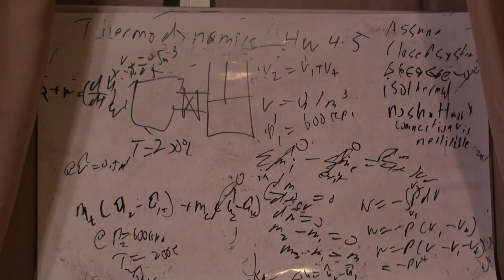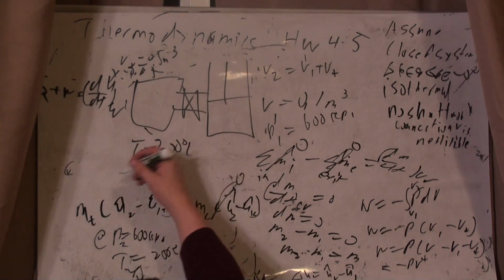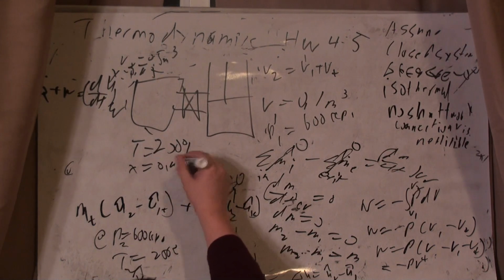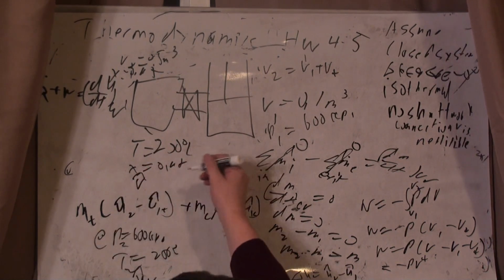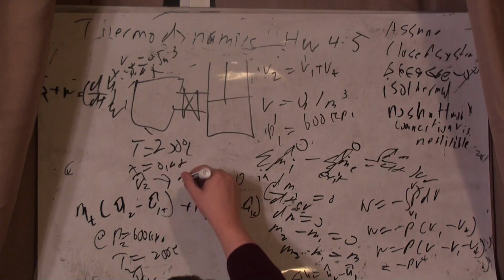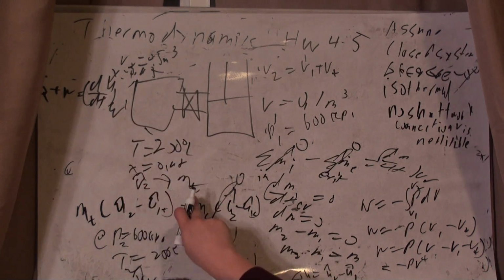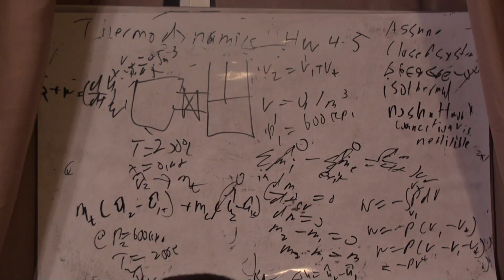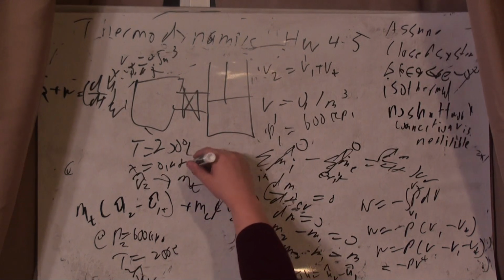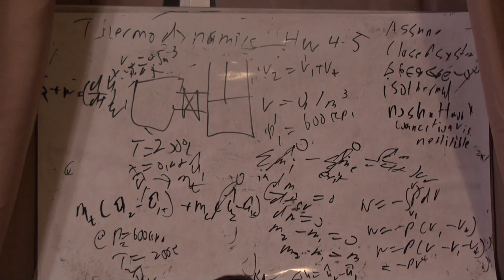But I do have a volume, a quality, and a temperature. So at 200 degrees Celsius and x equals 0.95, I can get the specific volume, and from that I can get the mass in my tank. That's also going to give me my U1 of the tank, because I know my total volume of that tank.